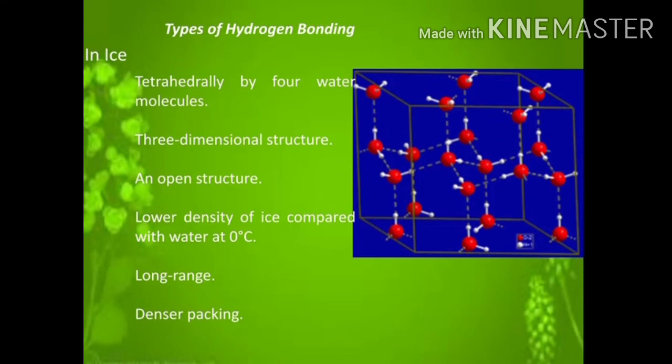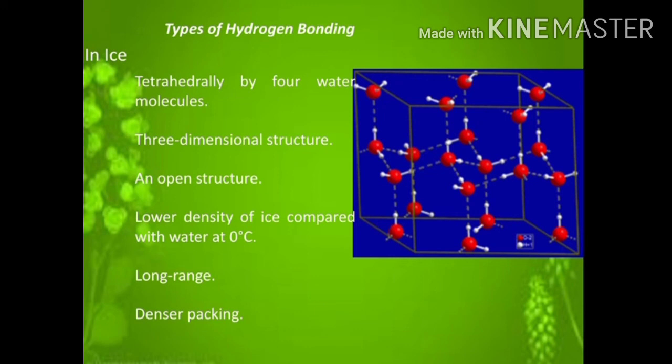Another example is ice. In ice, each atom is surrounded tetrahedrally by four water molecules through hydrogen bonds. The presence of two hydrogen atoms and two lone pairs of electrons on the oxygen atom in each water molecule allows formation of a three-dimensional structure.